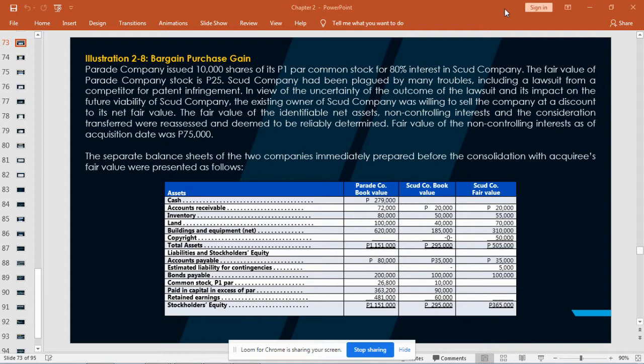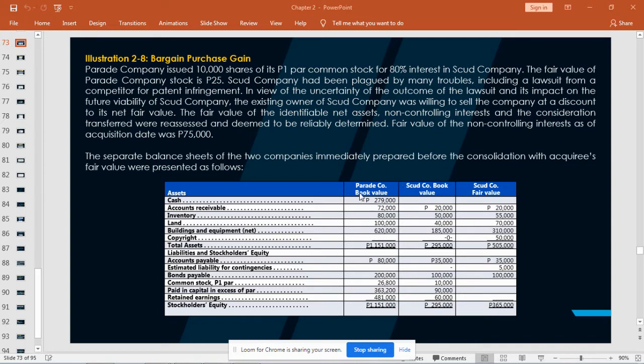So the fair value of the identifiable net asset, non-controlling interest, and consideration transferred were reassessed and deemed to be reliably determined. Fair value of the non-controlling interest as of the acquisition date was 75,000. The separate balance sheets of the two companies immediately before the consolidation, with the acquiree's fair value, were presented as follows.